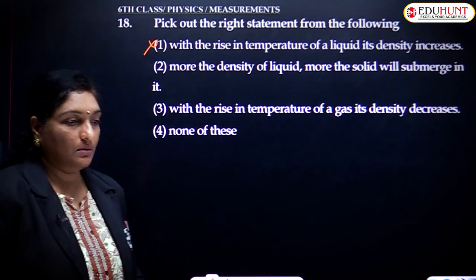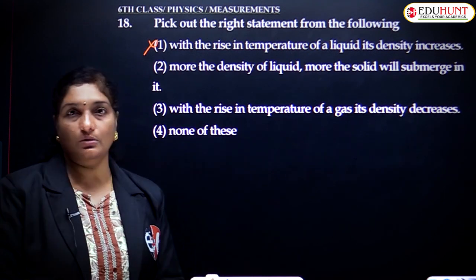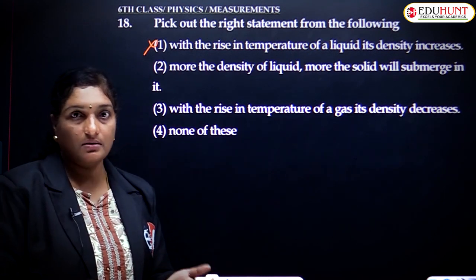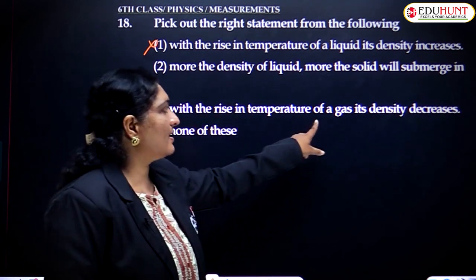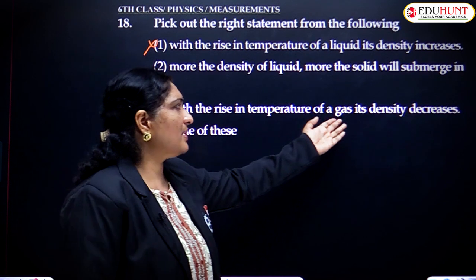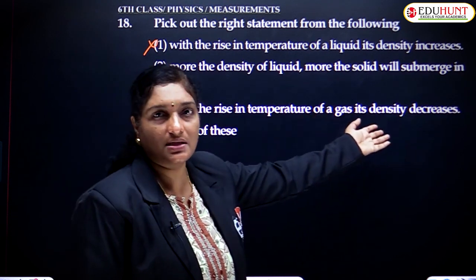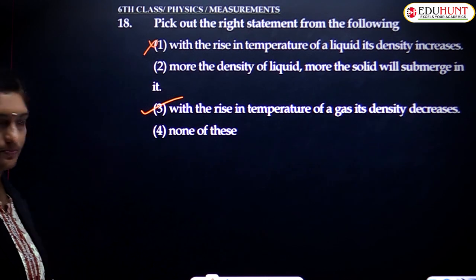More density means it won't allow the object to get inside, so the object may possibly float. With the rise in temperature of a gas, its density decreases. If temperature increases, what happens to the density? Decreases. So clearly the third option is true.